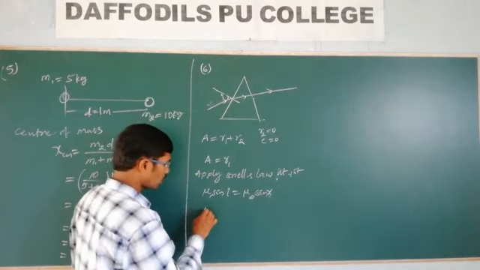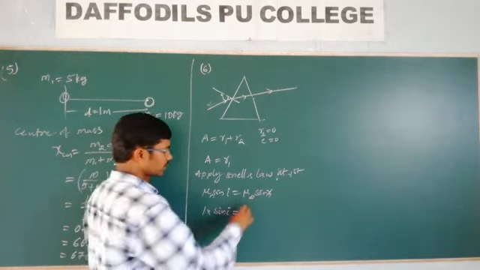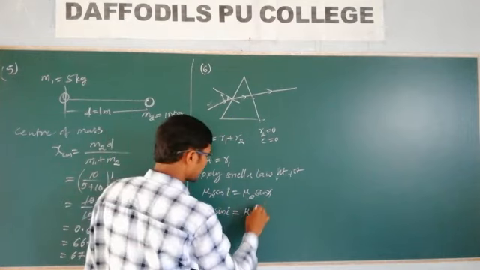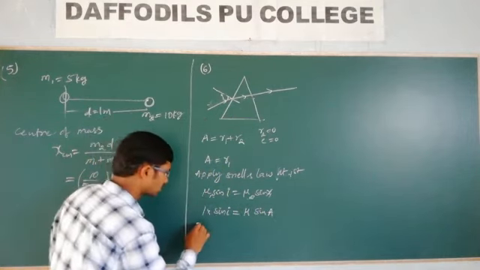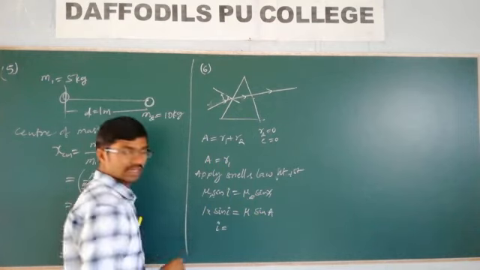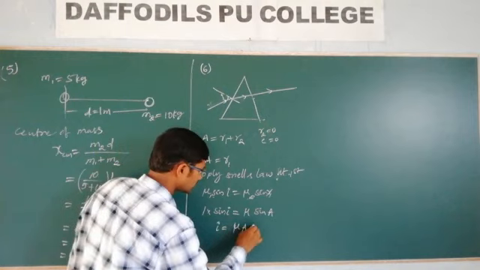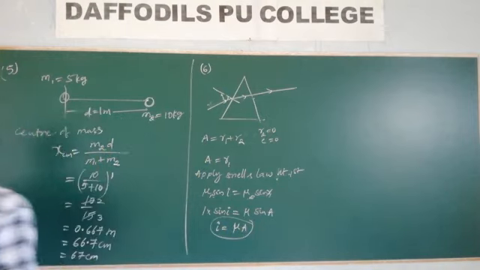Now mu1 into sin I is equal to mu2, which is the refractive index of the prism, into sin R1, and R1 is equal to A. But for small angles, we can write sin theta is equal to theta. Then sin I is I, and mu into sin A is equal to mu A, so I is equal to mu A, which is the fourth option.